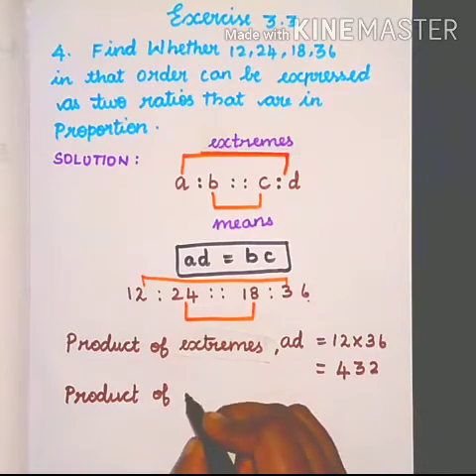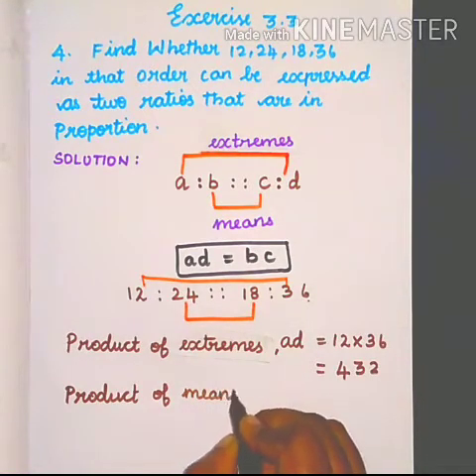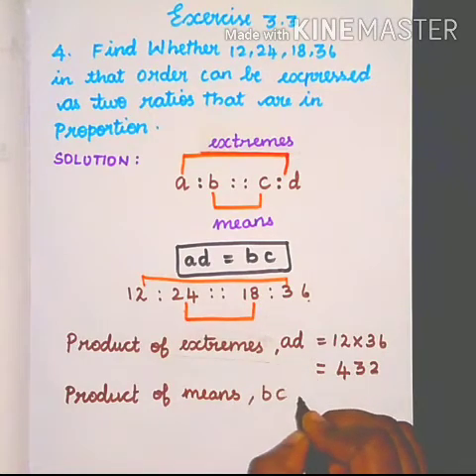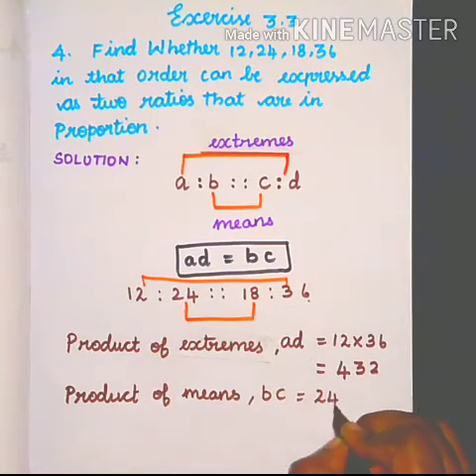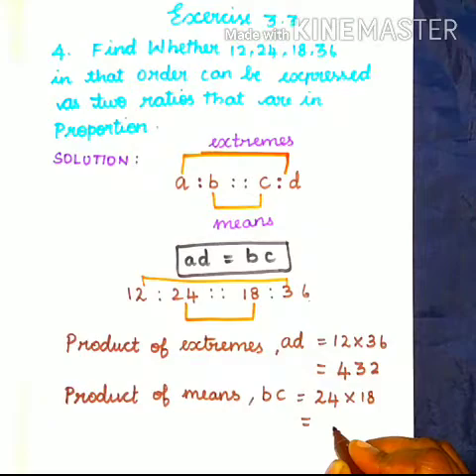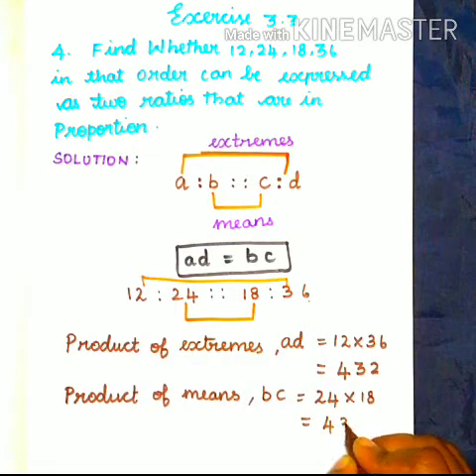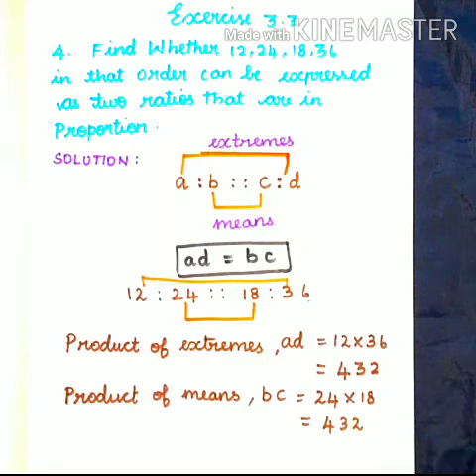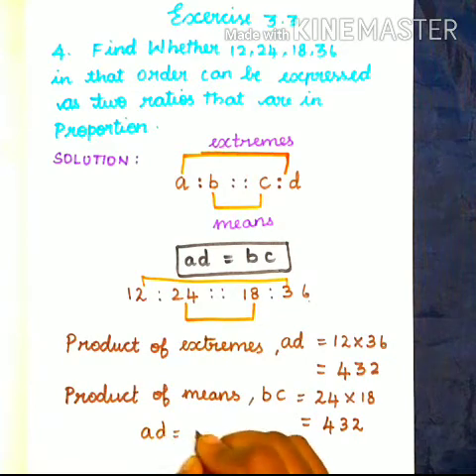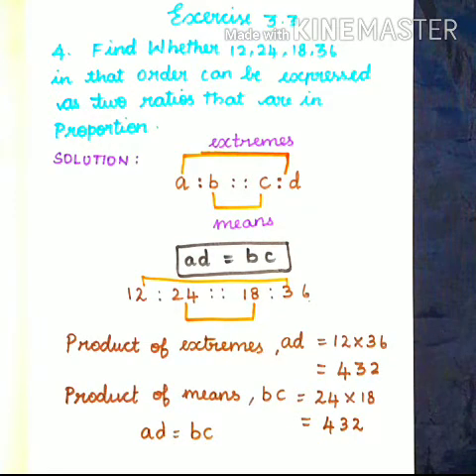Next, product of means, that is B into C. B value is 24, C value is 18. 24 into 18 is 432. Students, here the product of extremes and product of means are equal. That is AD is equal to BC. So the given ratios are in proportion.